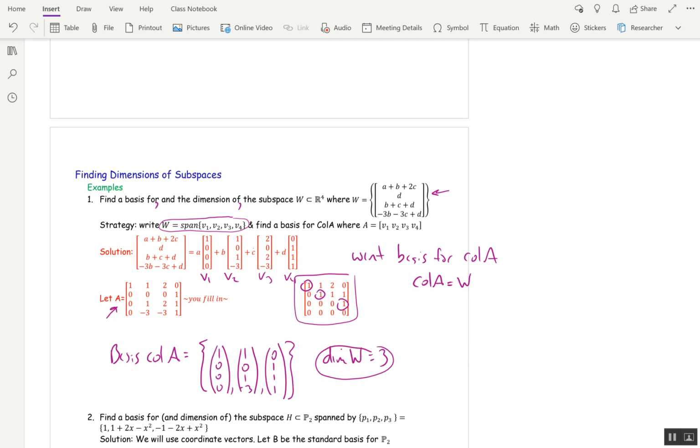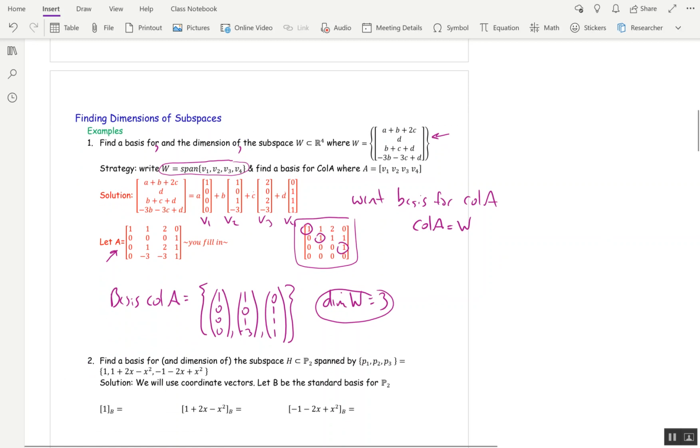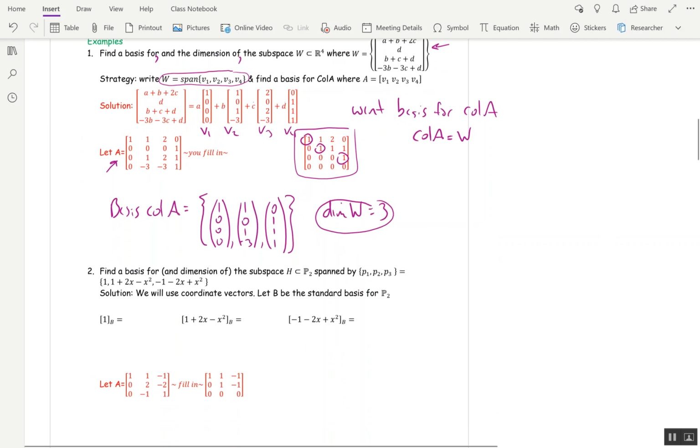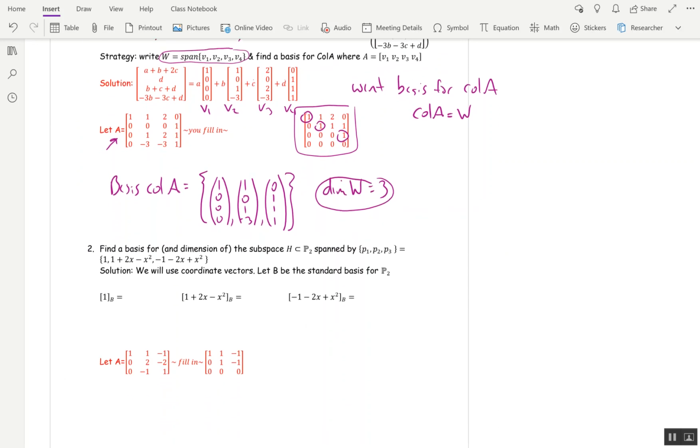All right, let's do one with some polynomials. This will give us a review of what we did last time, finding coordinate vectors for polynomials. So here I've got 3 polynomials, and we want to find a basis for and the dimension of the subspace spanned by those 3 polynomials. So we're going to transform this problem to one in R3 by looking at the coordinate vectors.